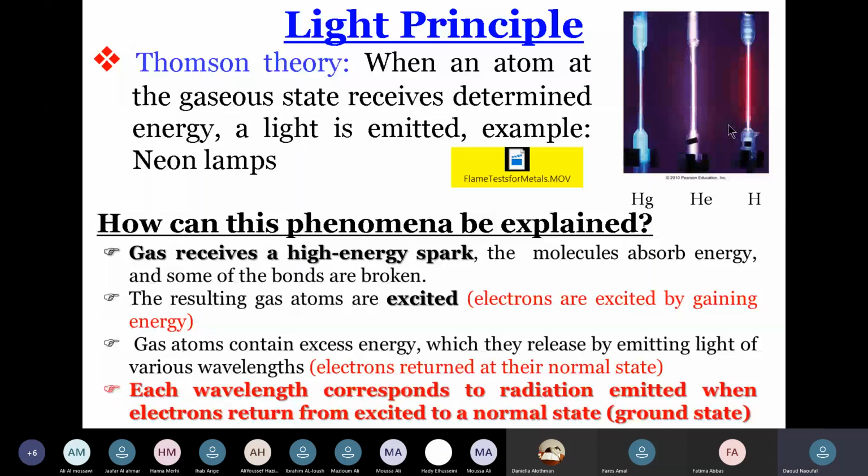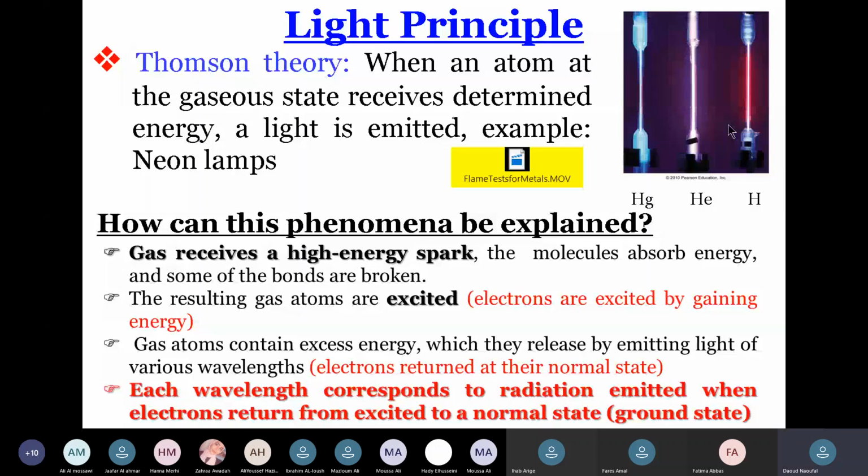The gas inside the tube will receive high energy, and this energy will be absorbed by the molecules of the gas, and some of the bonds will be broken.